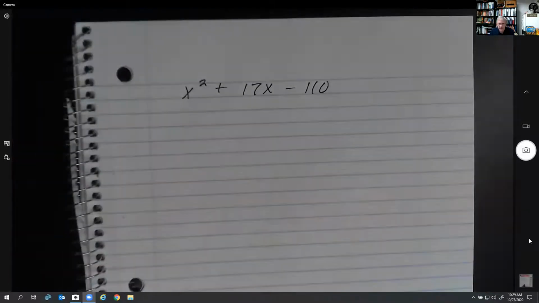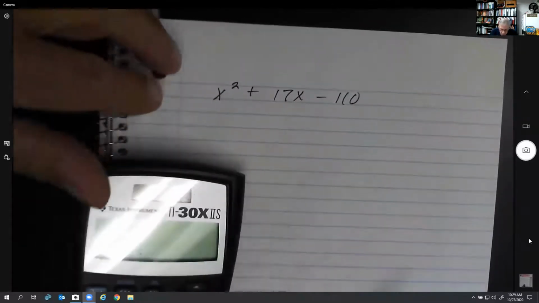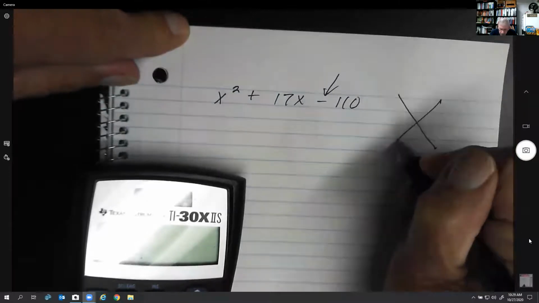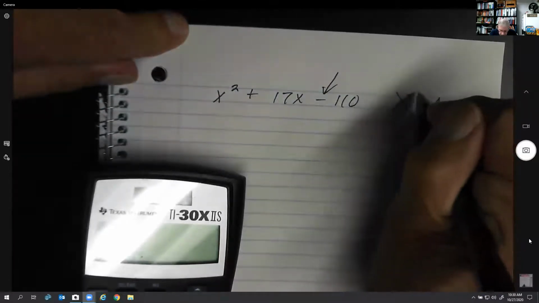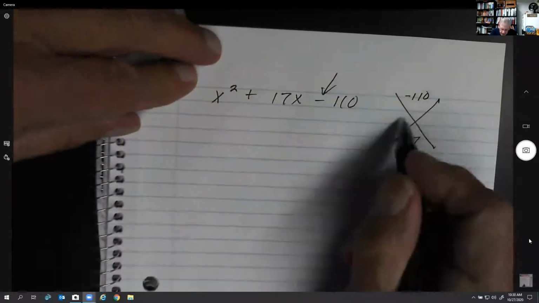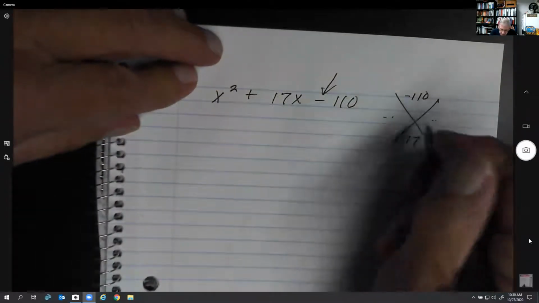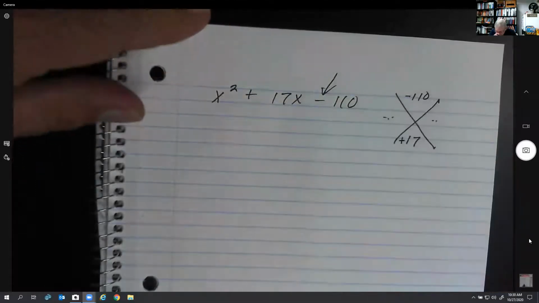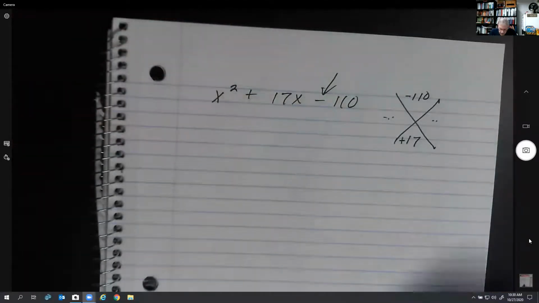I don't have 110, so I'm going to let the calculator help me. First of all, I see this has a minus sign. Let's switch to our little X box. Negative 110 and 17. So I know that these have to have opposite signs. The bigger number has to have a plus and the smaller number a minus. But I don't know what they are.